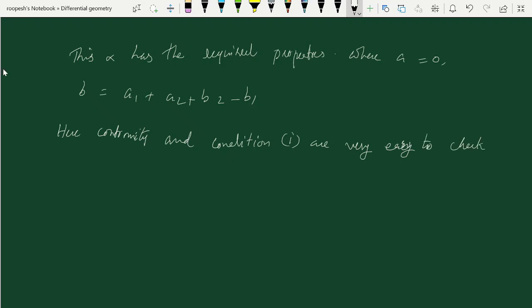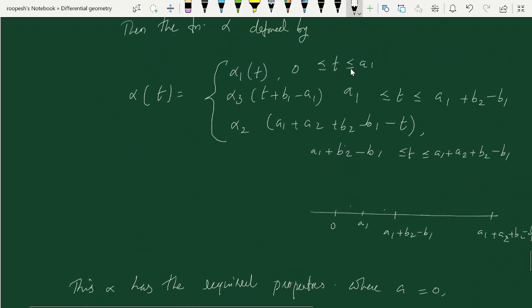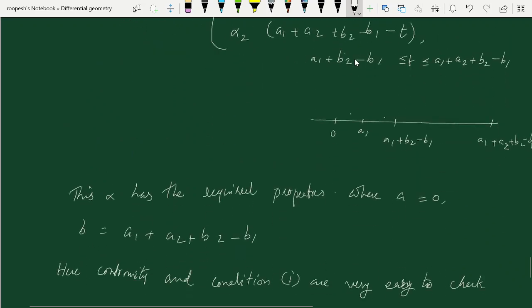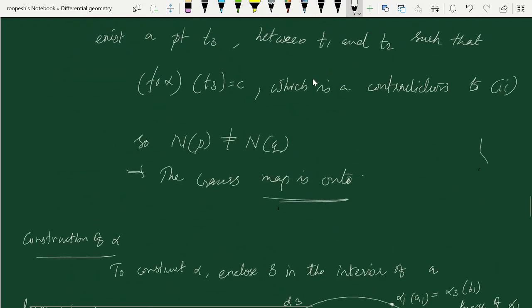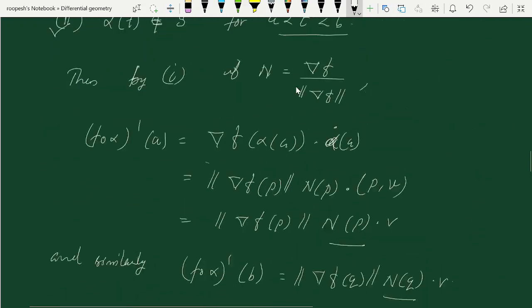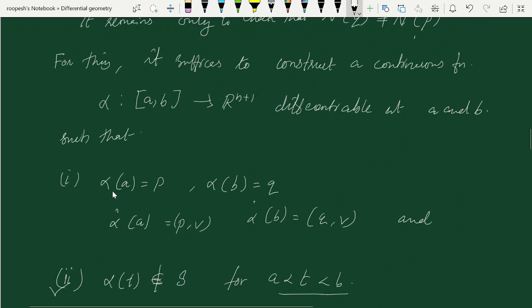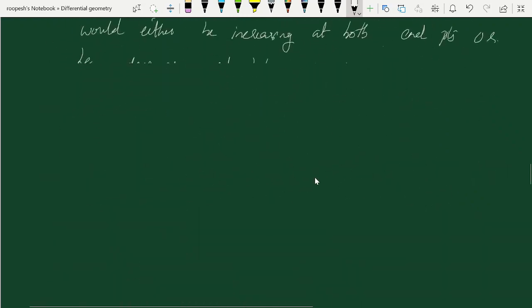Continuity follows from this definition of alpha itself, right? And the first condition was, when you're defining such an alpha, this alpha should satisfy two conditions: alpha of a should be equal to p and alpha of b should be equal to q, right? That we can easily see.